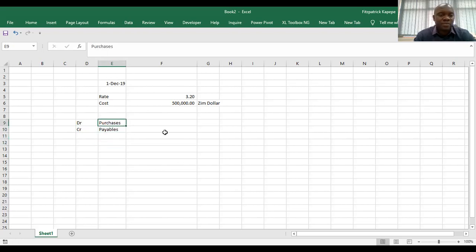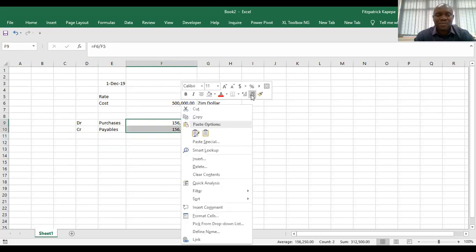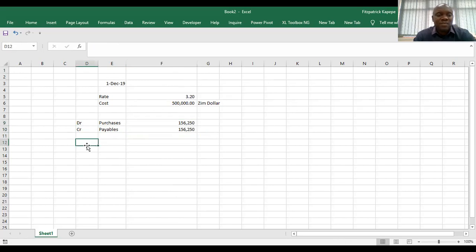So how much would be recorded on that day of the transaction? We'll have 156,000. Let me remove the decimals. This is what would happen on 1st December 2019, and this is what will be recorded in the general ledger.